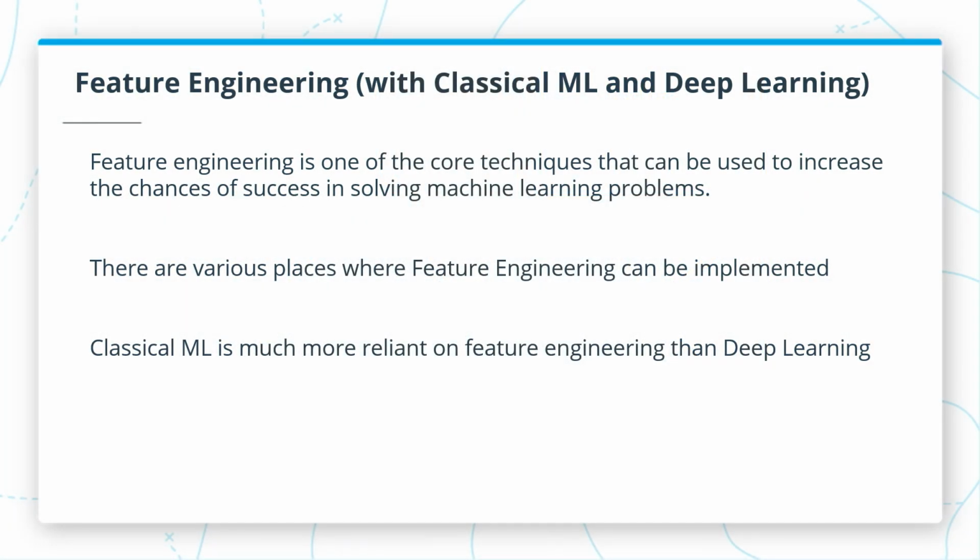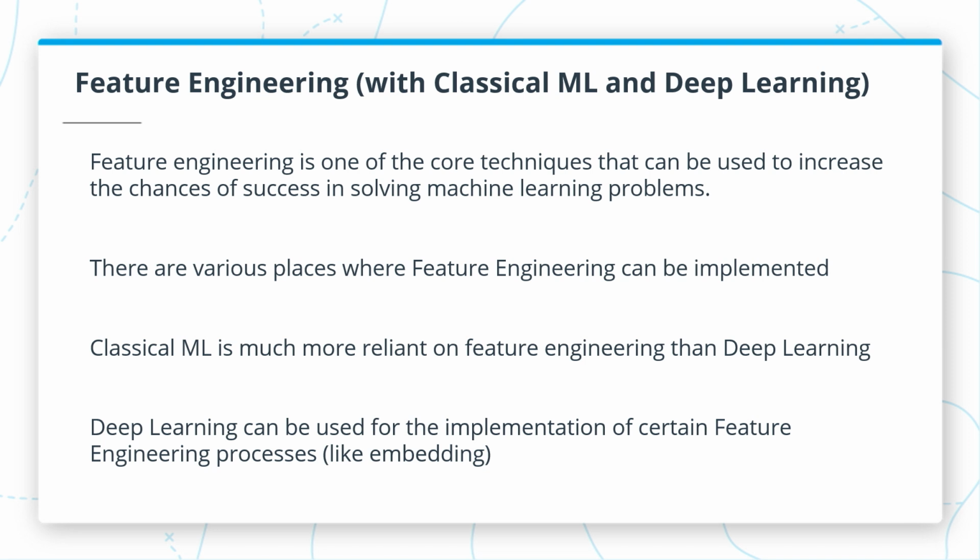Finally, there is an important distinction to be made between the way classical machine learning approaches feature engineering and how deep learning does it. With classical machine learning, feature engineering is typically an explicit kind of process. You need to explicitly create the new features that will be used by machine learning models.